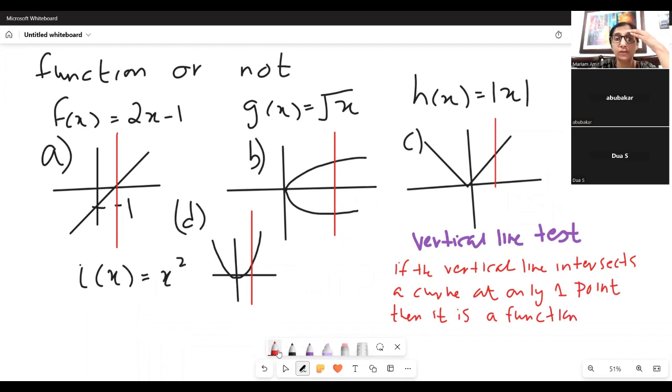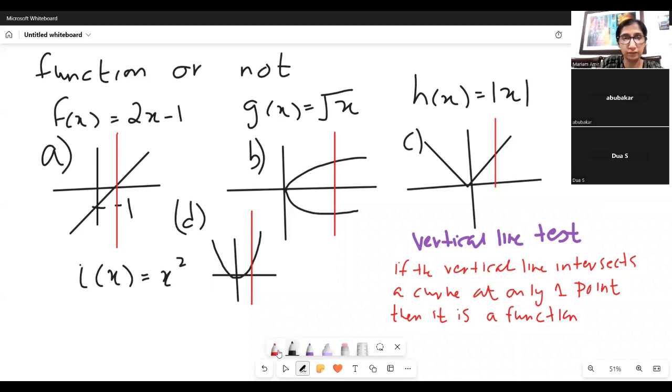So, which of these sketches are sketches of a function? f(x) and i(x). Yes, part A, part C, and part D. All of them are functions, and part B is not, because the vertical line is intersecting the curve at 2 points.